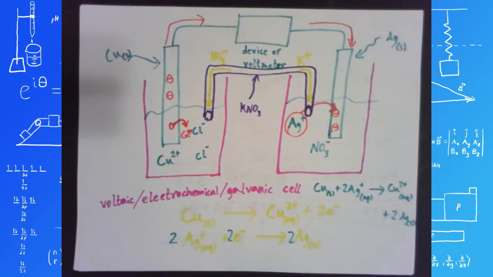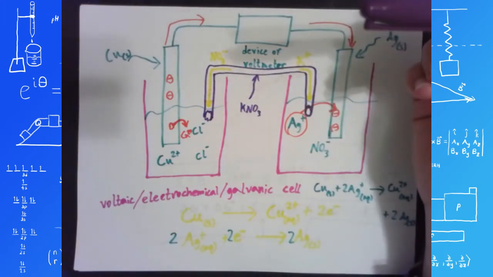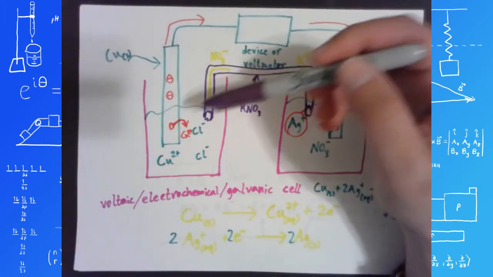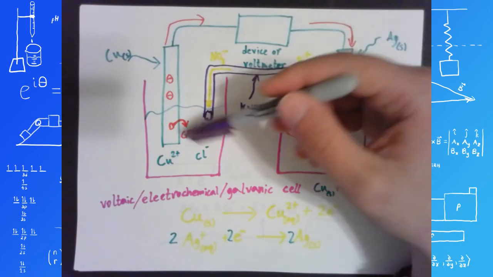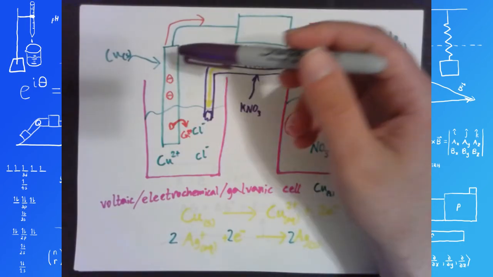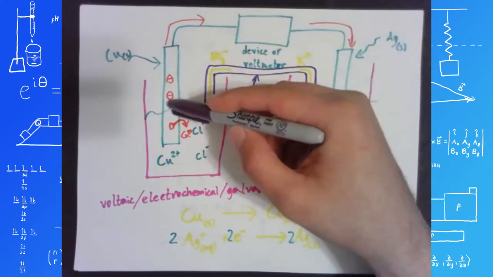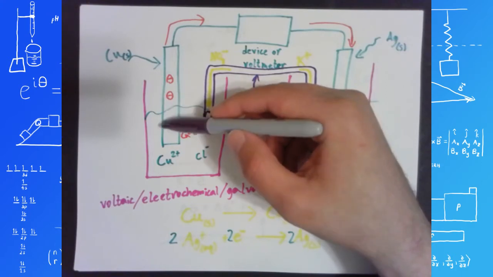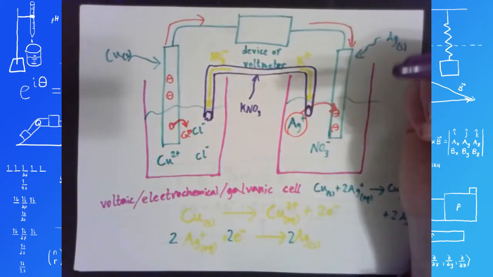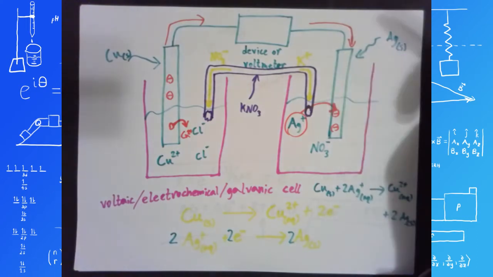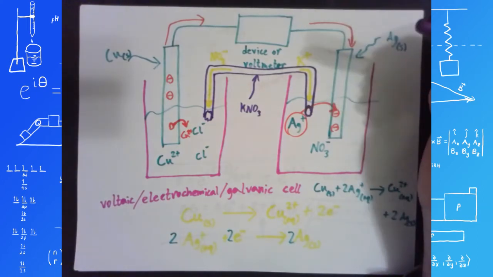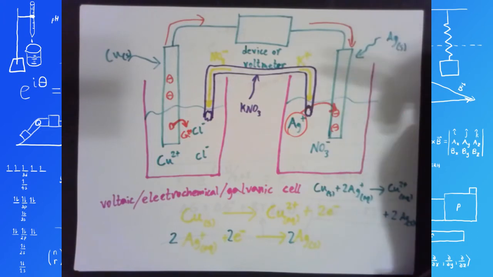And that helps keep the charge all balanced. So you can get this process to continue for a while until, of course, you run out of material in your salt bridge, or until this copper bar completely dissolves and is gone. But yeah, during that process you can generate a fair amount of electricity.